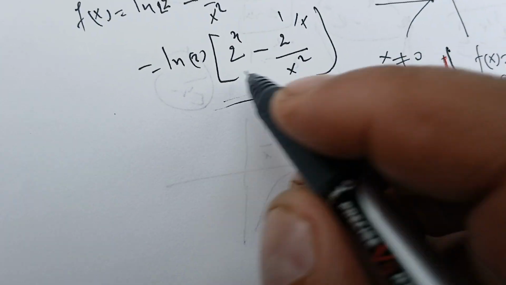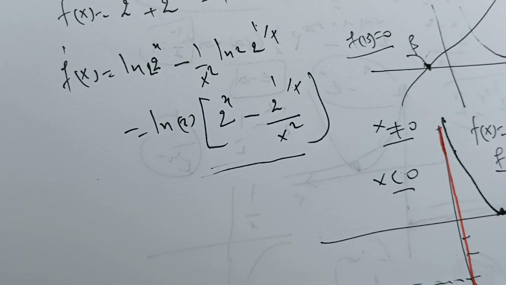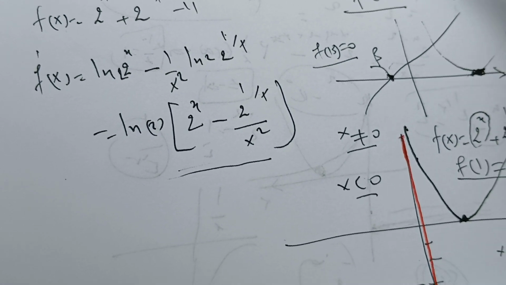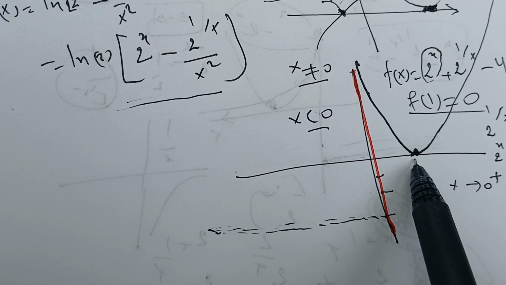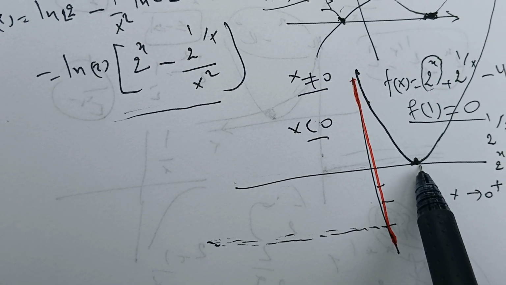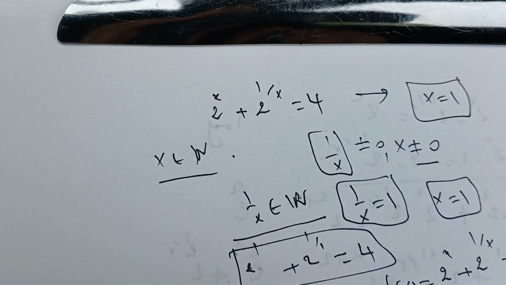We study the sign of this expression to see where the function is increasing or decreasing. But a graphical approach, by just looking at the function and taking the limits, would show that this is the only solution. This proves that x equals 1 is the only solution.